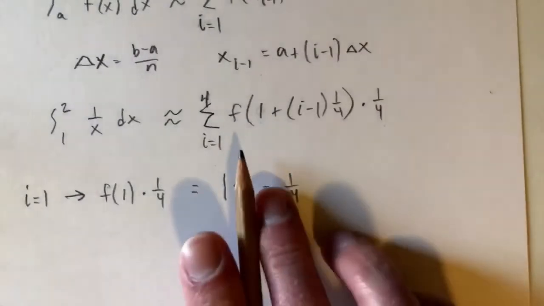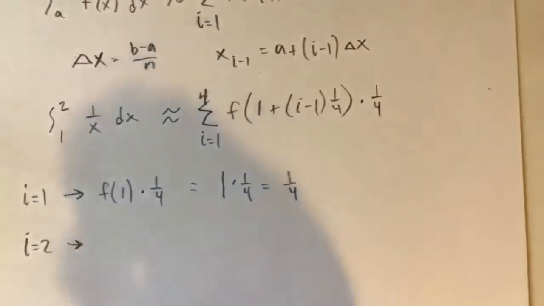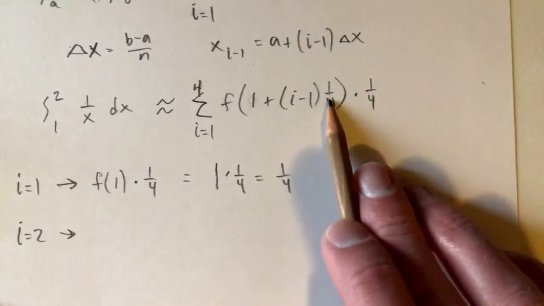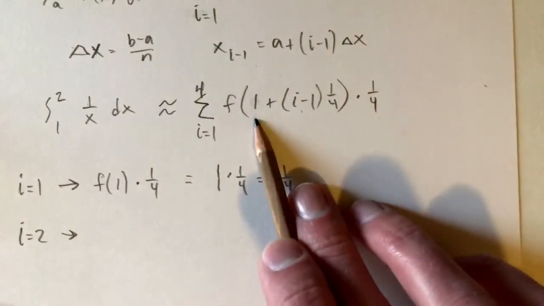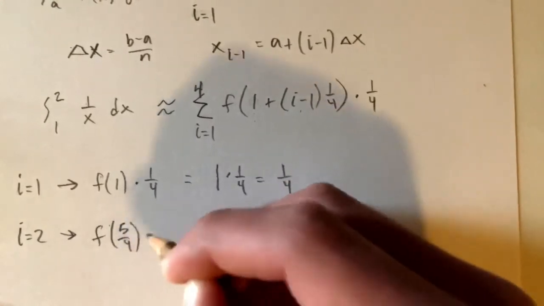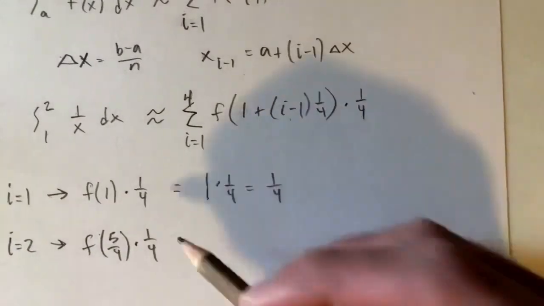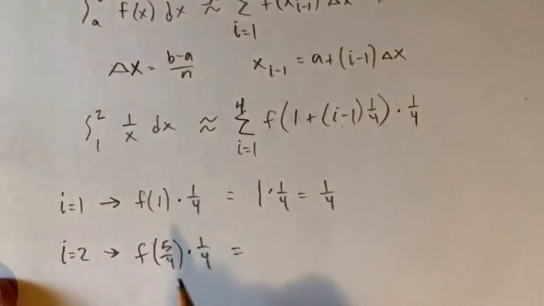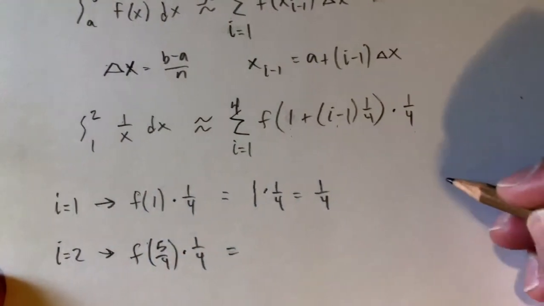Then we go back and plug in i equals 2. 2 minus 1 is 1. 1 times 1/4 is 1/4. 1/4 plus 1 is 5/4. So we're going to get f of 5/4 times 1/4. Our function f is 1 over x, so we have 1 over 5/4.